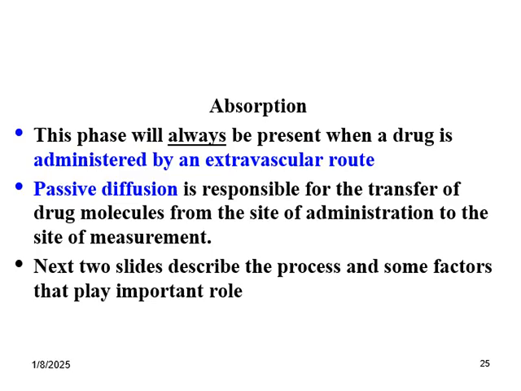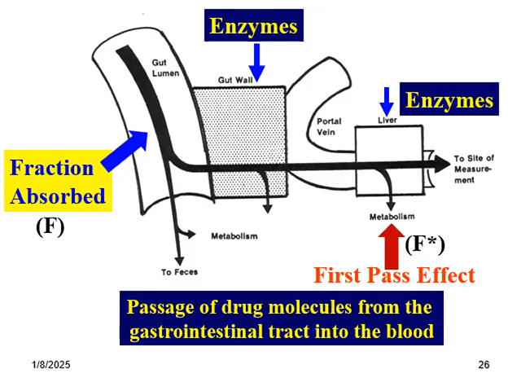Let's look at this figure. Now, if the drug is taken orally, the drug molecules pass through the GI tract, then are absorbed to the blood, right? And here F, on the very left, shows the fraction absorbed.